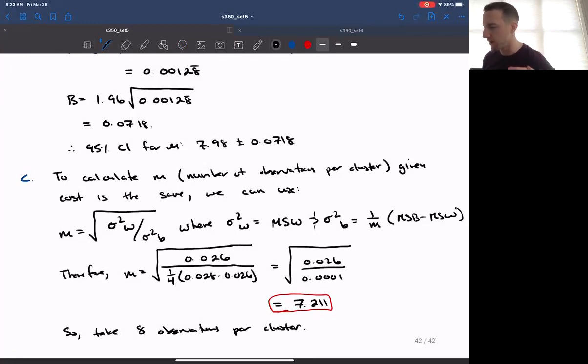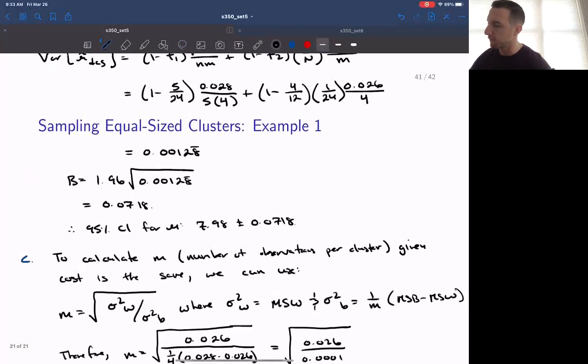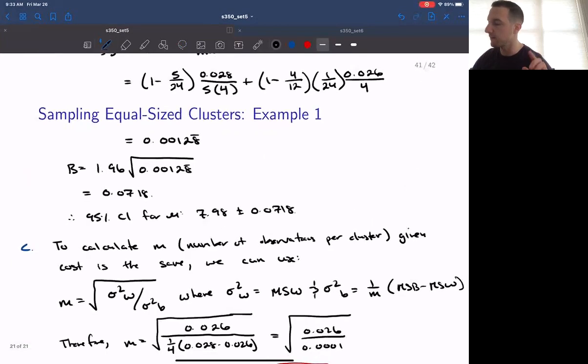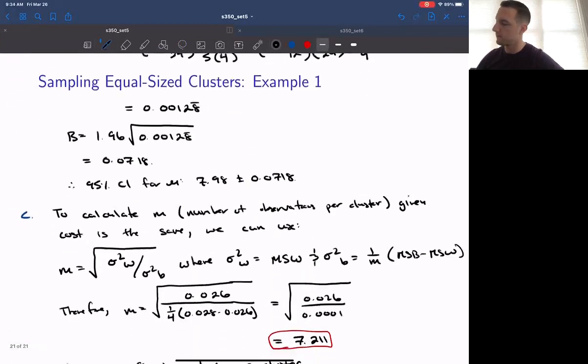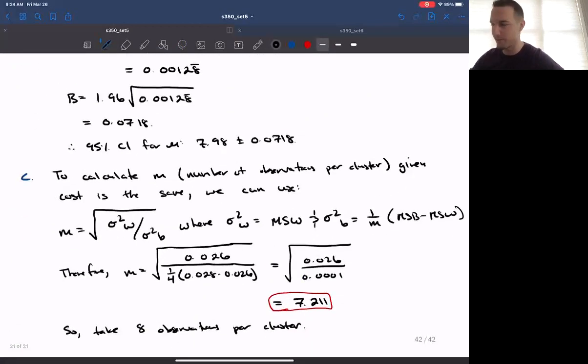So with that cleared up, little m is 4, the number of bottles per cluster, little n is 5, the number of selected clusters, capital N is 24, the total number of cases in the population, and little n is 5 from the total that's available.